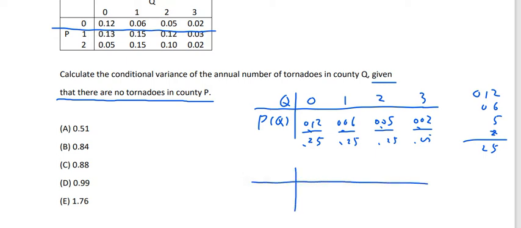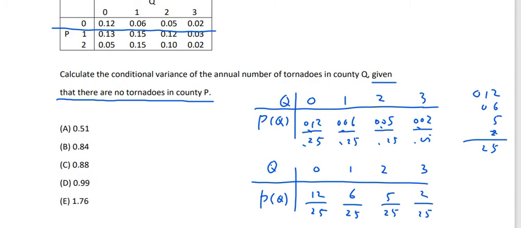We don't like this decimal, so we write the distribution like this: 12, 6, 5, and 2, all over 25.